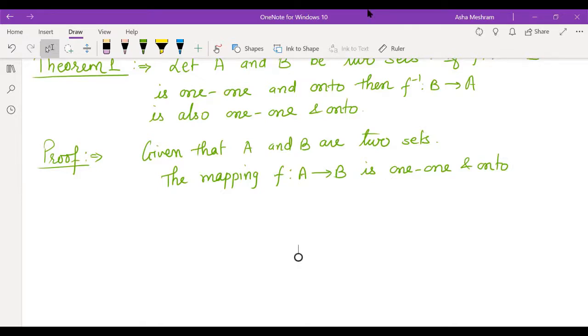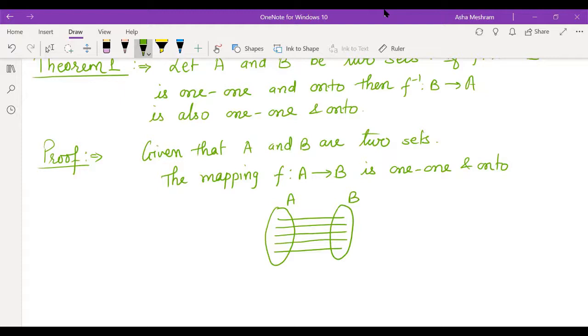So very first I draw here set A, then set B. Here it is not given how many elements are there in A and B. So we just consider one element, one image, because that mapping is 1 1 and onto also. This type of mapping is always 1 1 and onto. And here also no elements are left in the set B which have no pre-image from A.